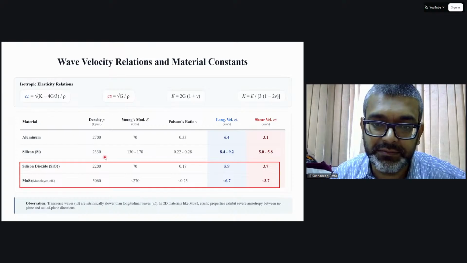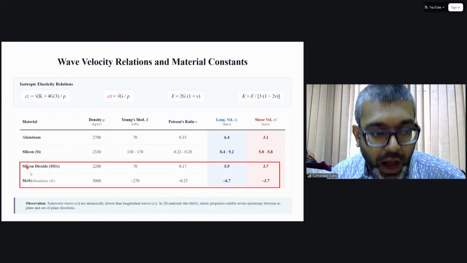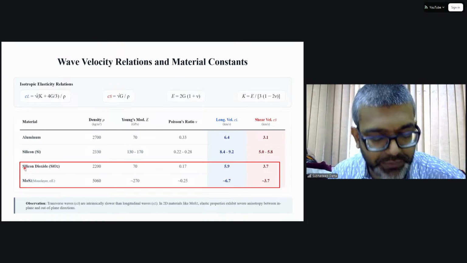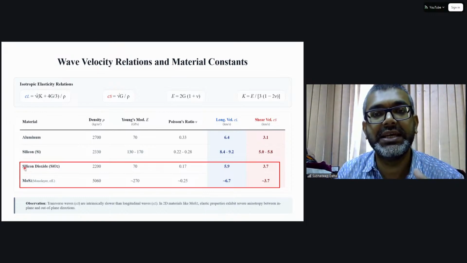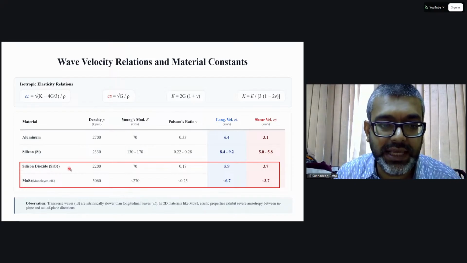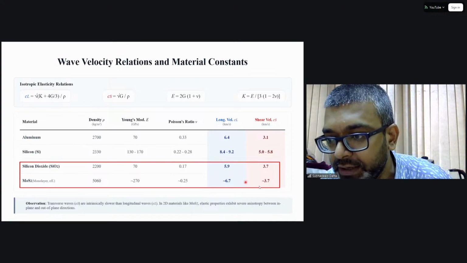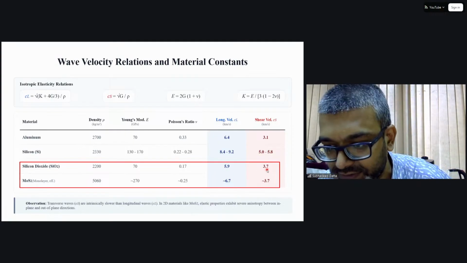And then silicon, that is also known. And then our target material, silicon dioxide, because we will be using something like a silicon dioxide platform wafer. For silicon dioxide, as you can see, the longitudinal velocity is 5.9 and the shear velocity is 3.7.